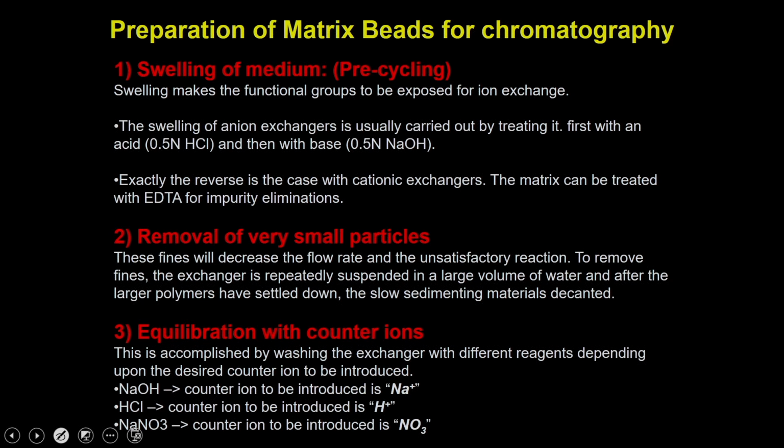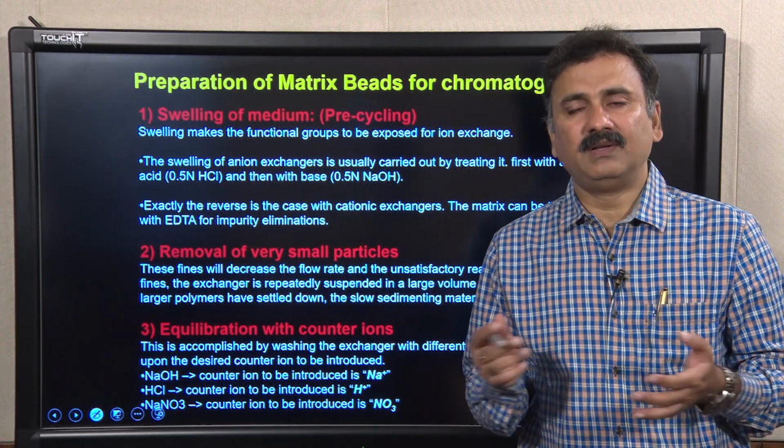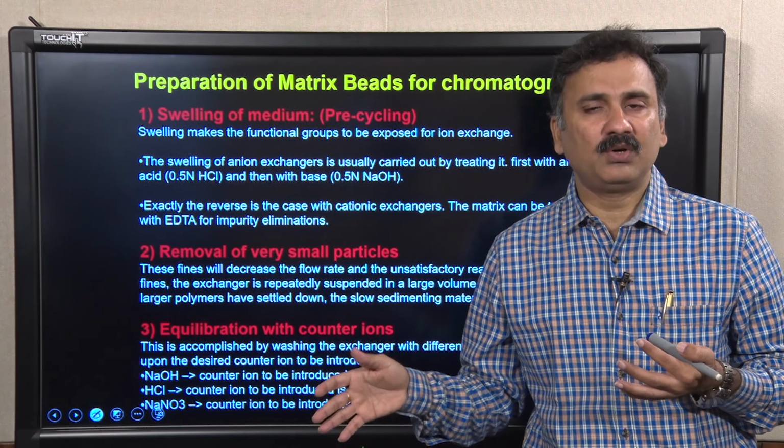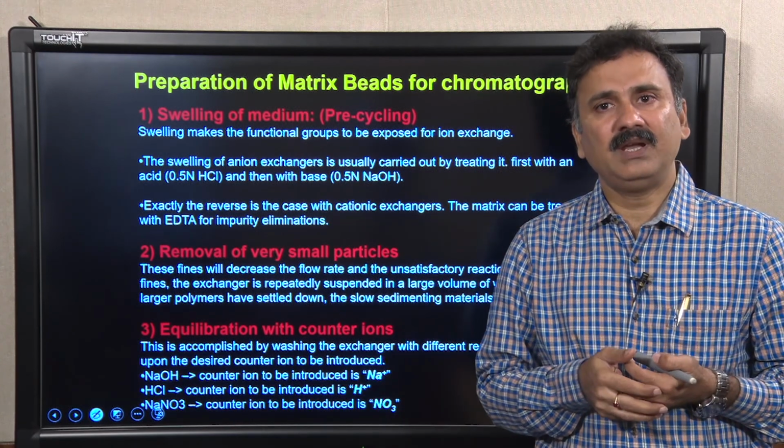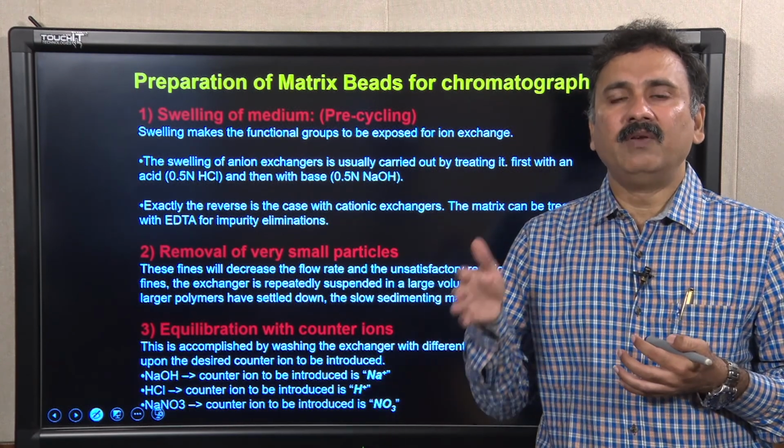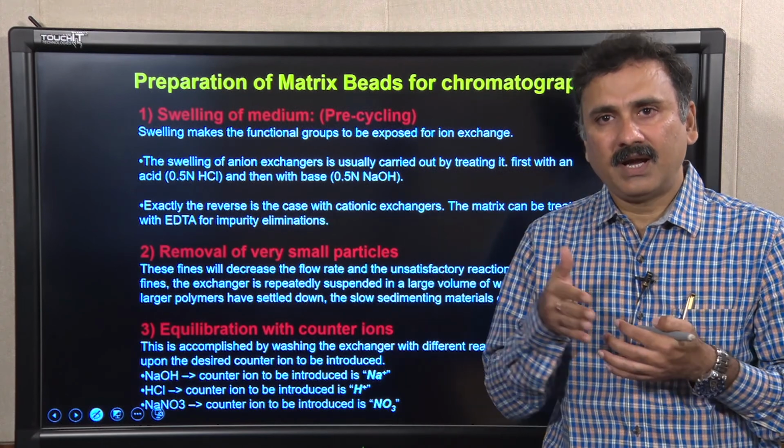Once you have decided whether you would like to use cation exchange chromatography or anion exchange chromatography, you have to process these matrices for use in the ion exchange chromatography columns. Nowadays, most chromatography matrices, whether for anion exchange or cation exchange chromatography, come free of any pre-processing.